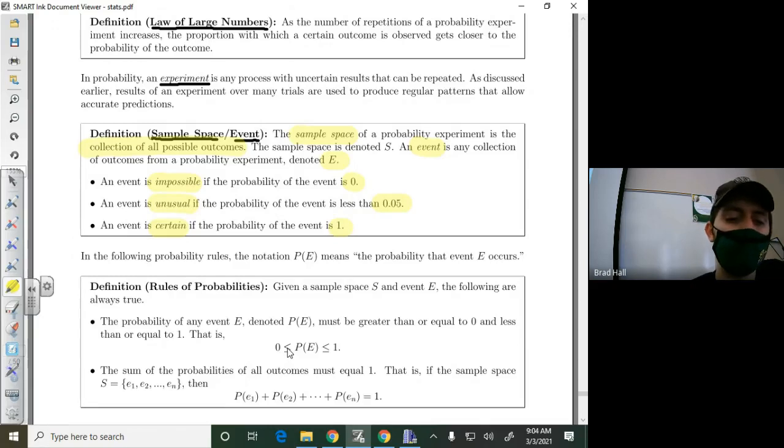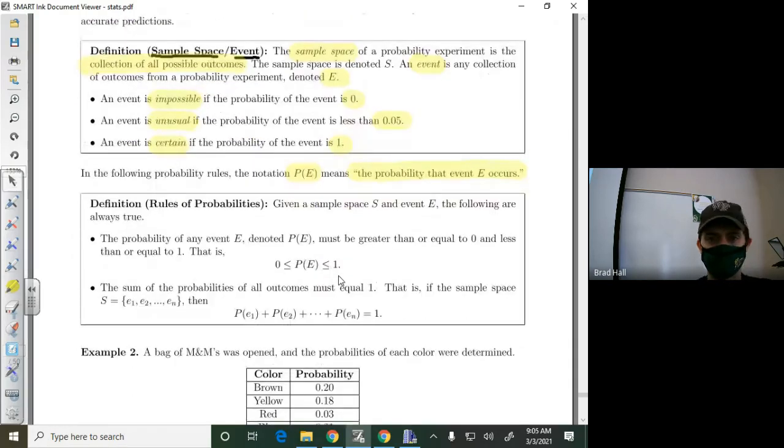So we use the notation capital P with parentheses and a capital E inside of it to mean the probability that event E occurs. So now we're figuring out the probability or the likelihood of some particular event occurring. And there are some rules with probabilities. Again, if you took 151, this should all look fairly familiar.